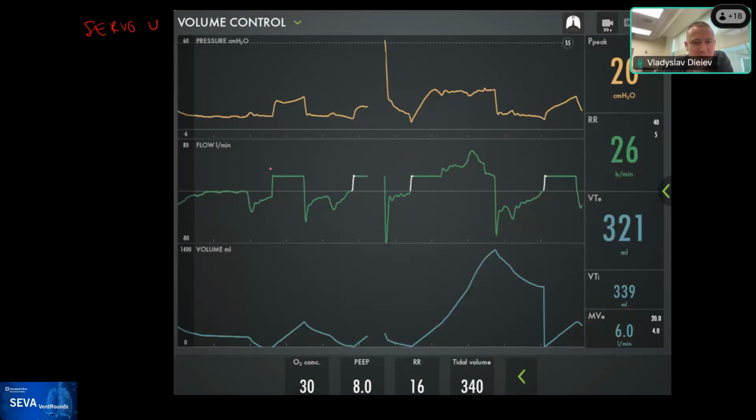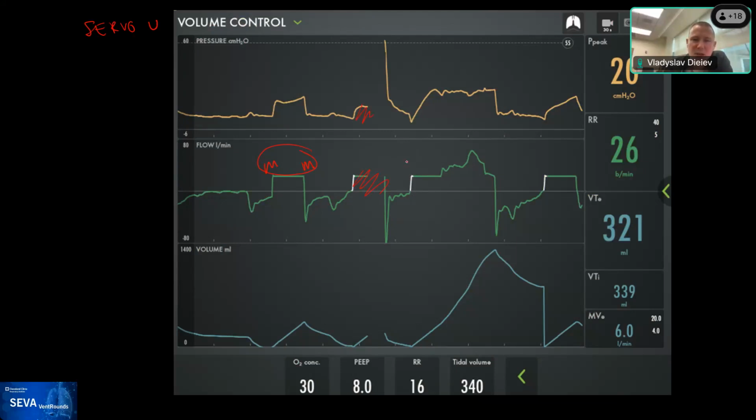So here's the breath, and it's triggered by the machine. So it's a mandatory breath, and then it's cycled by the machine as well. Then as we go to the next breath, we similarly skip it because it's interrupted in the middle, so we can't really interpret much here. And then we go to the next one.